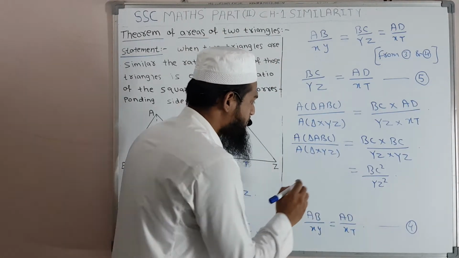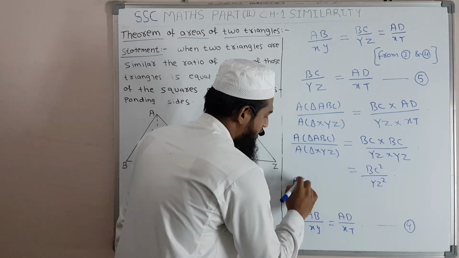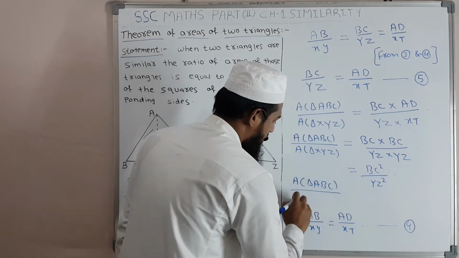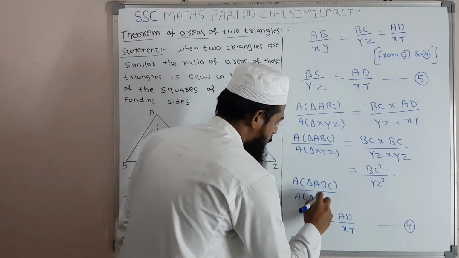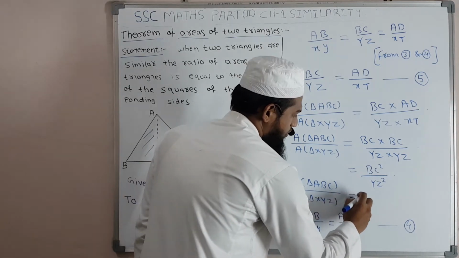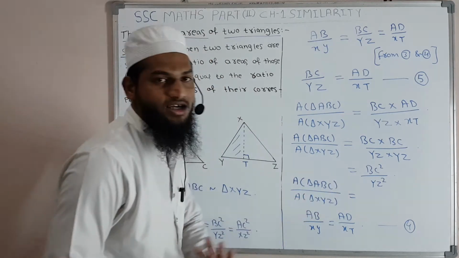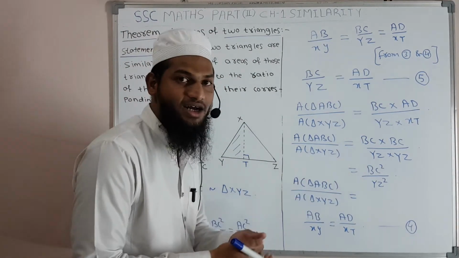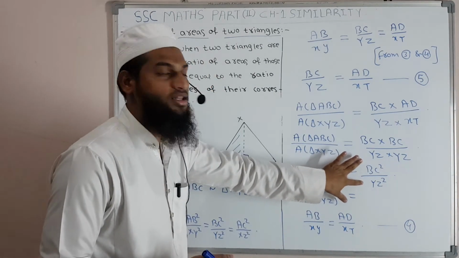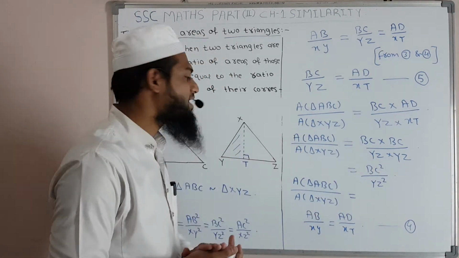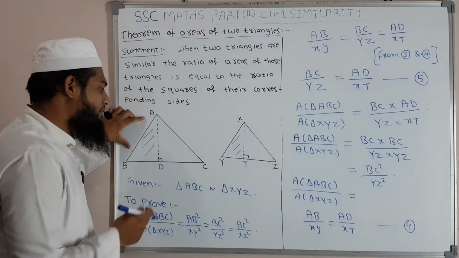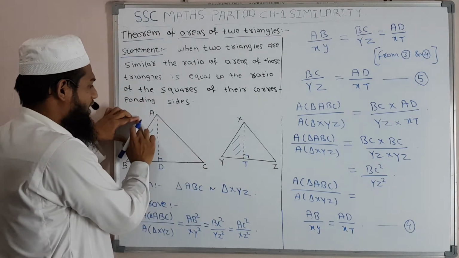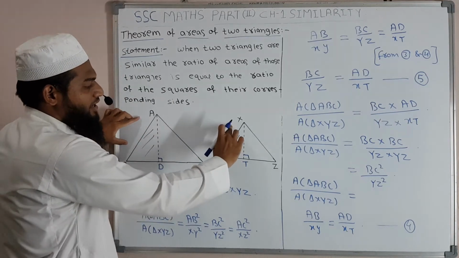So area of triangle ABC upon area of triangle XYZ is equal, if the square of one side is in proportion to the square of the corresponding side, then I can write all 3 sides also. The first side is AB, second side is BC, third side is AC, and the corresponding side of AB is XY.